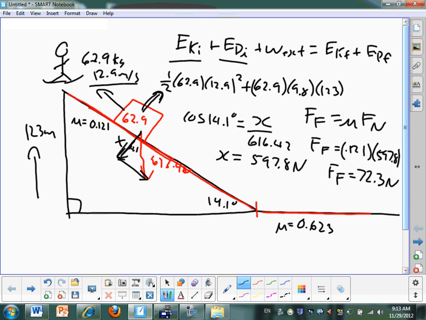How does that fit into my whole energy equation up there? It is going to be work, which is force times distance. Now, I found out my force. My force is 72.3. How long does that force act? It acts for this entire length. How do I find the entire length of that side of the triangle? I've got the opposite side and the hypotenuse, so I have to use sine.